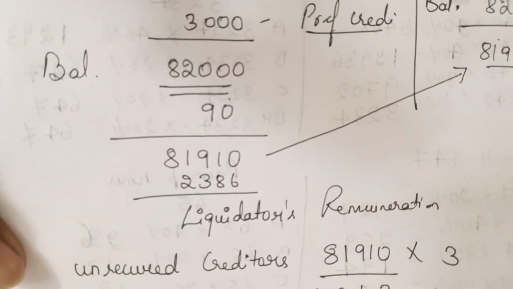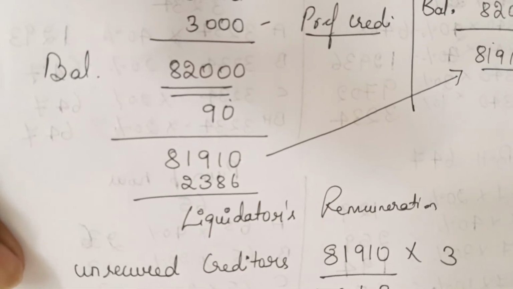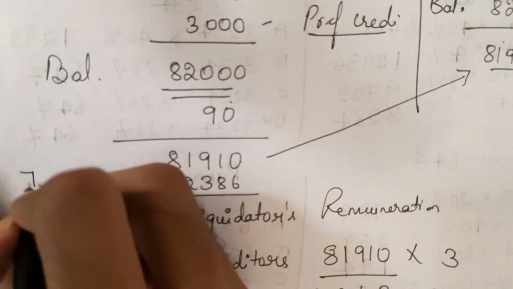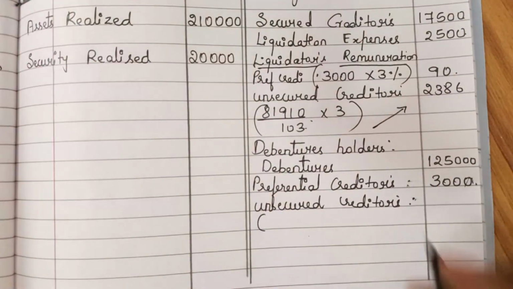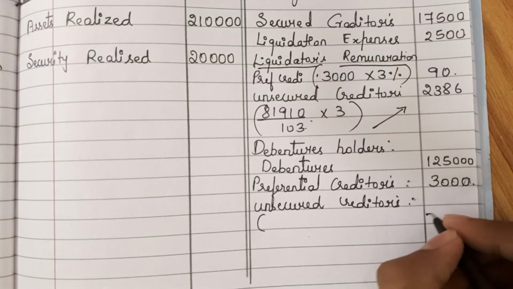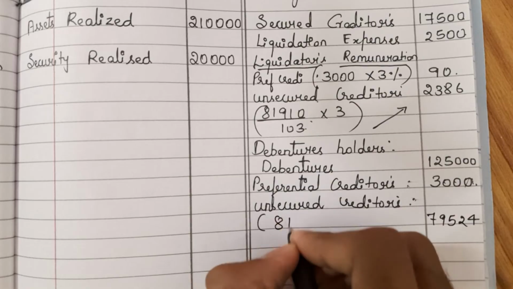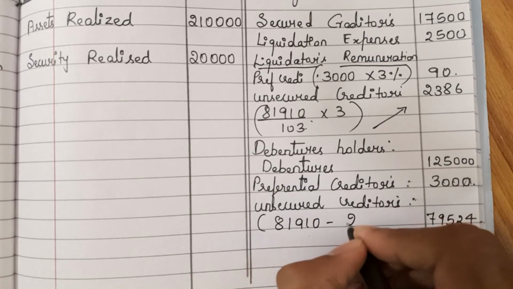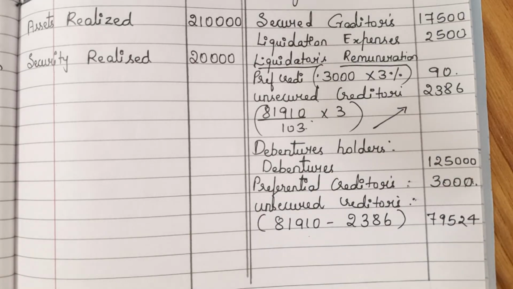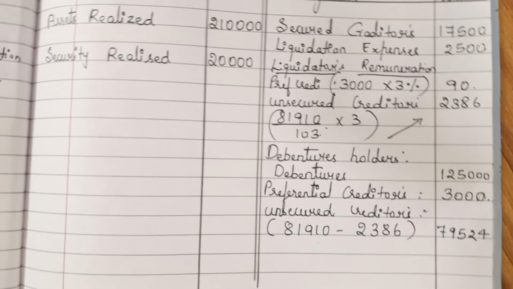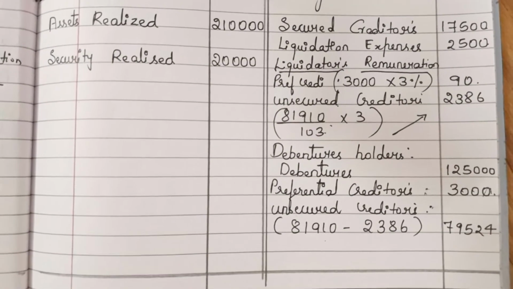So minus 2,386 from 81,910, the remaining balance would be 79,524. This is the amount paid to unsecured creditors. So we had actually 81,910, but in that we paid 2,386 for the liquidator's remuneration. So the remaining balance is 79,524.